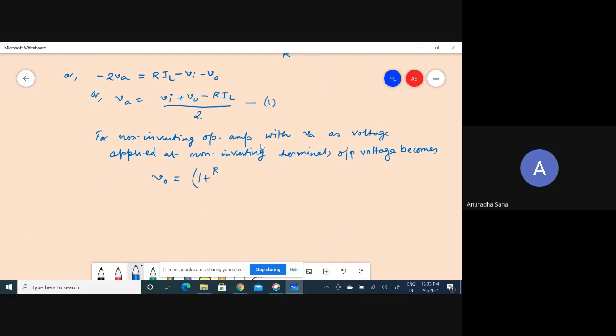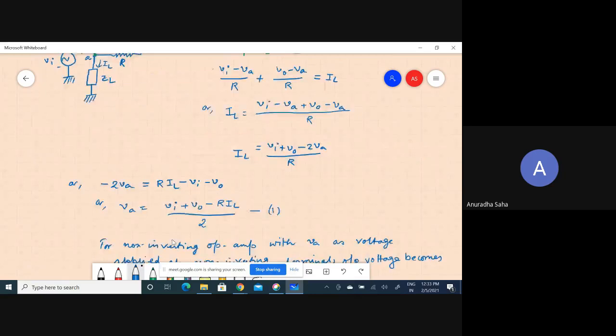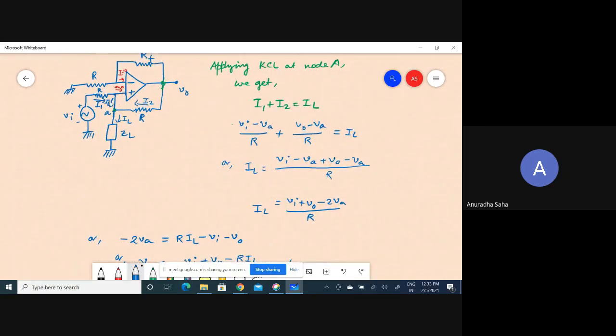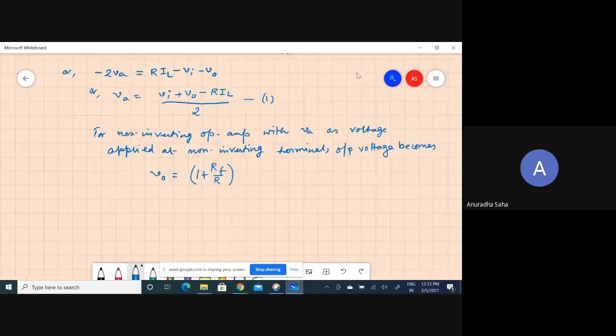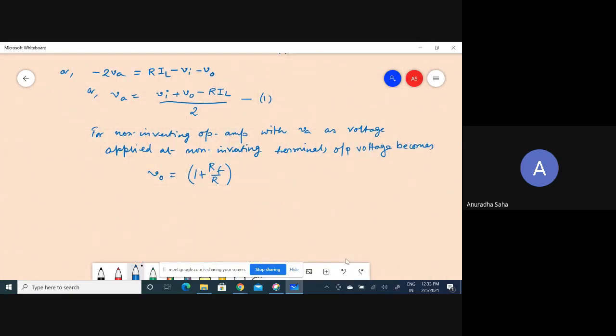I should write the gain first: 1 plus RF by R. Why am I not writing R1? Because here in the picture I have given R. That is why RF by R into VA. Because every time the output voltage must be equal to 1 plus RF by R1 into the input voltage at the non-inverting terminal. But here this voltage is VA, not V in.